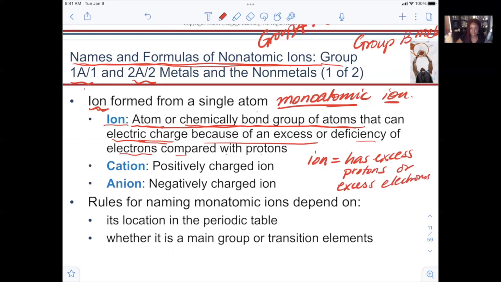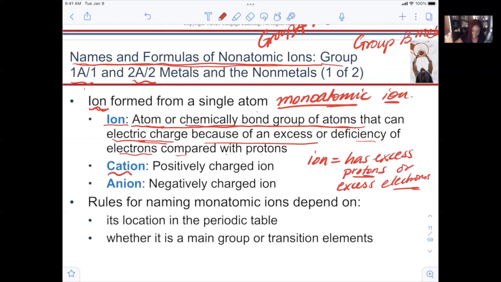That's what we're trying to say. They went about it a very interesting way. But yes, ultimately an ion can have an electric charge because it has an excess charge, right? Positive charge or negative charge.